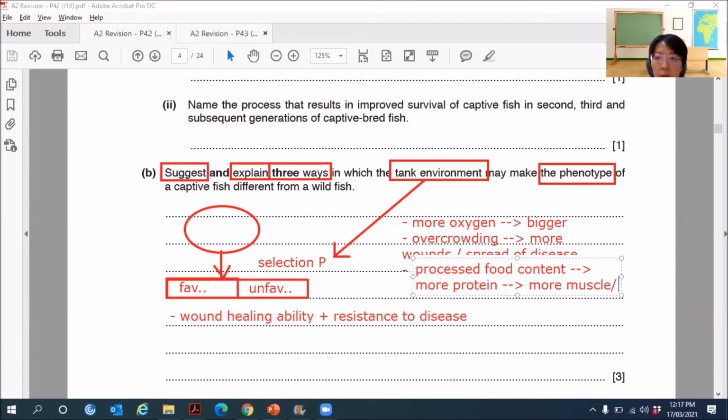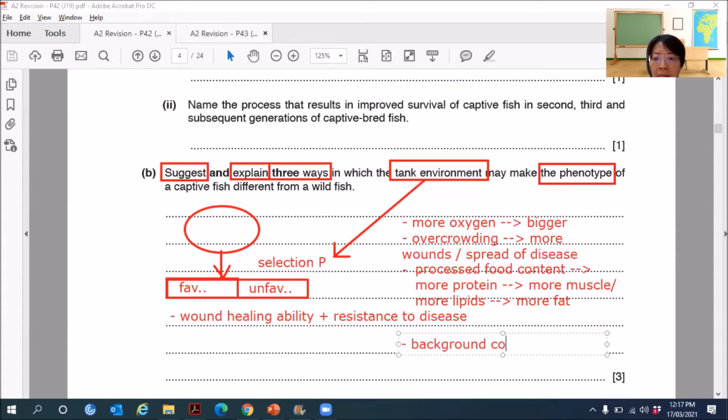If the processed food has more lipids, then it will lead to more fat formation in the fish. So the fish becomes more fatty, or more meaty, depending on the content or the nutrients of the food.